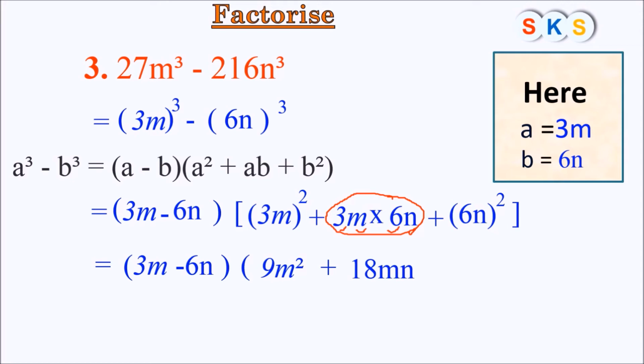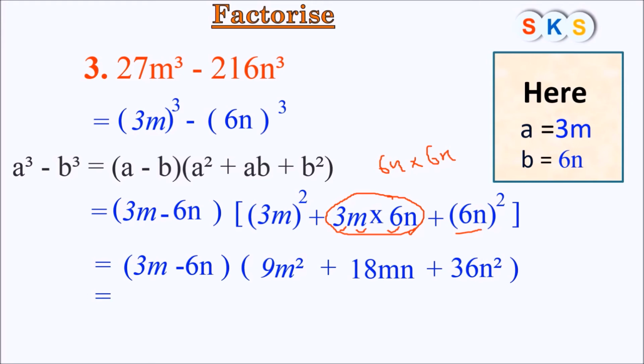So we will get 18mn plus, we have now 6n the whole square. 6n the whole square means 6n into 6n, right? So 6 into 6 is 36 and n into n is n square. So we will get here 36n square. Close the bracket. Therefore 27.